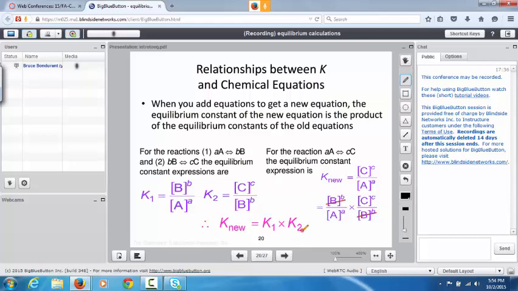So if we have two reactions that add together to give a product, then the new KEQ is going to be the product of the KEQ for each of the reactions.